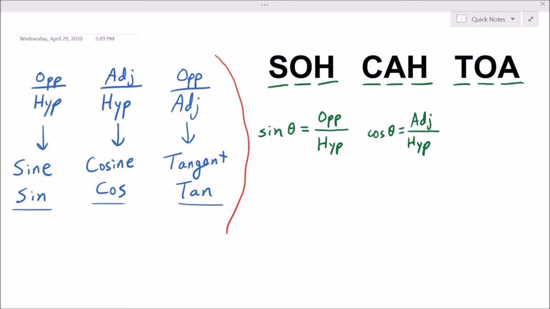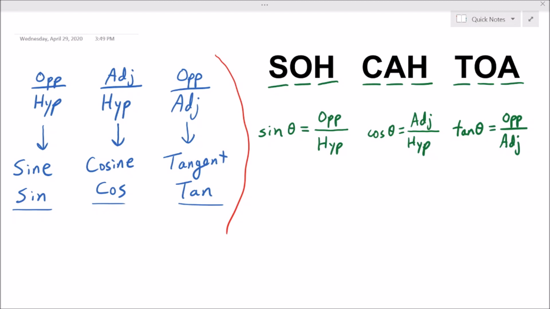That of course is T for tangent of an angle equals O and then A, so O for opposite over A for adjacent. And so this word, again, is meant to help you remember what these three ratios mean.